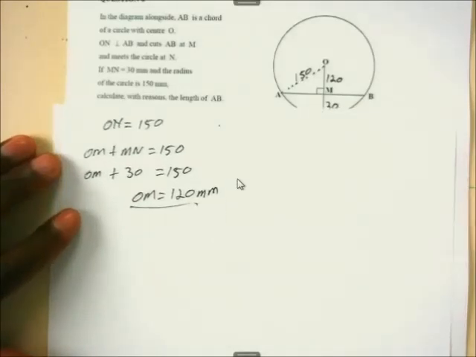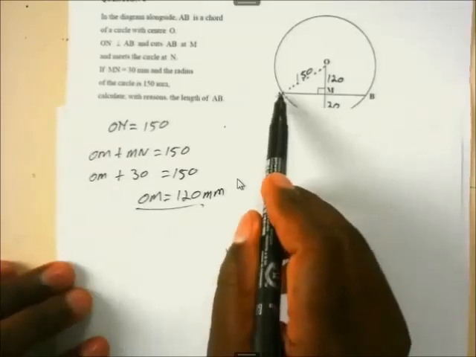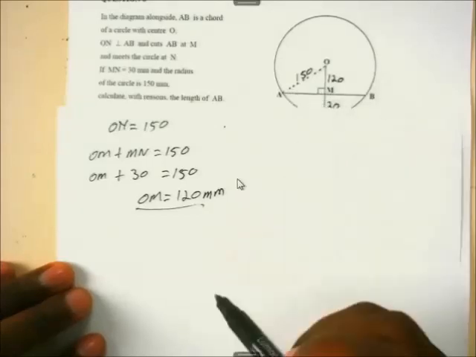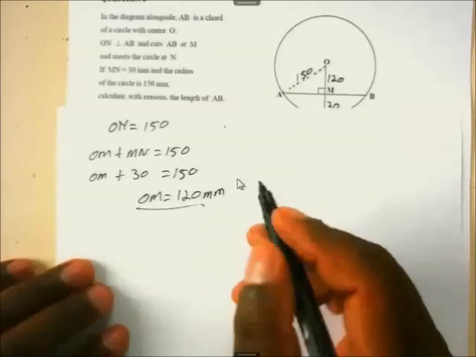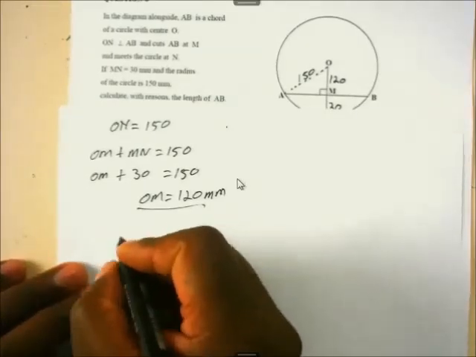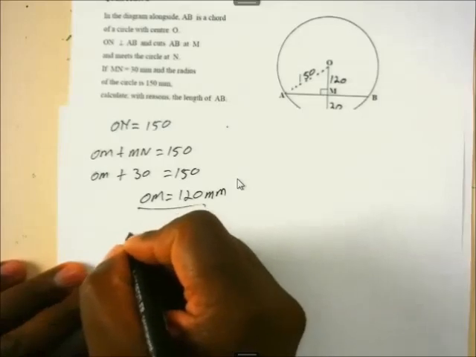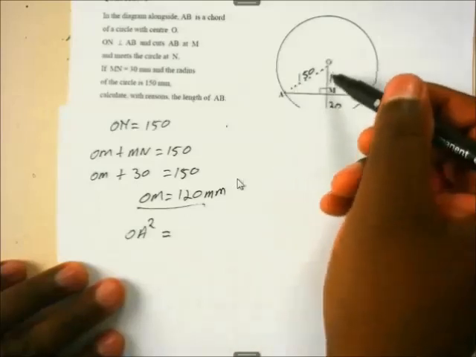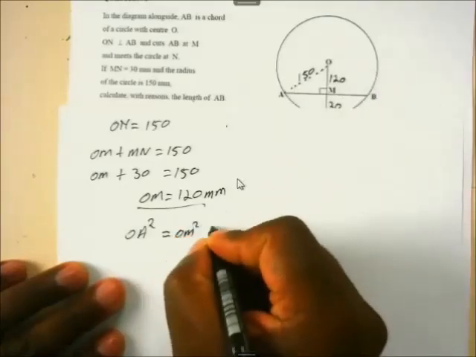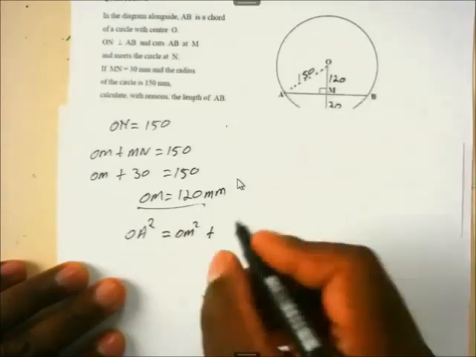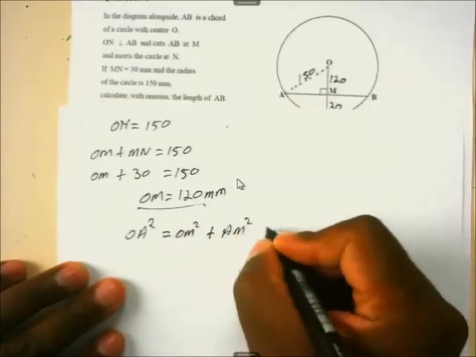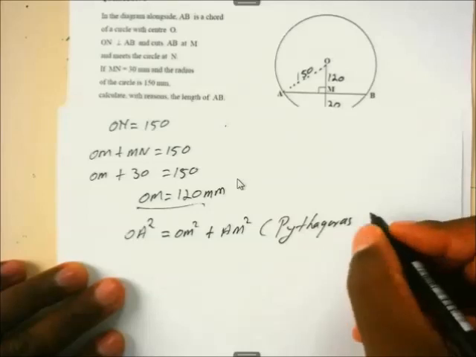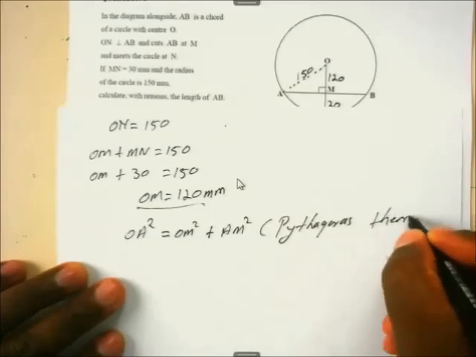We want to calculate the length of AB. Now that we've got OM as 120, it's easy for us to calculate AM. According to Pythagoras' theorem, OA squared equals OM squared plus AM squared.